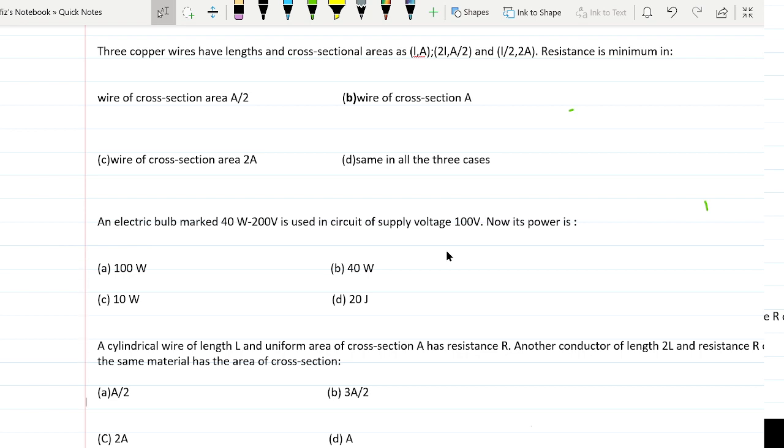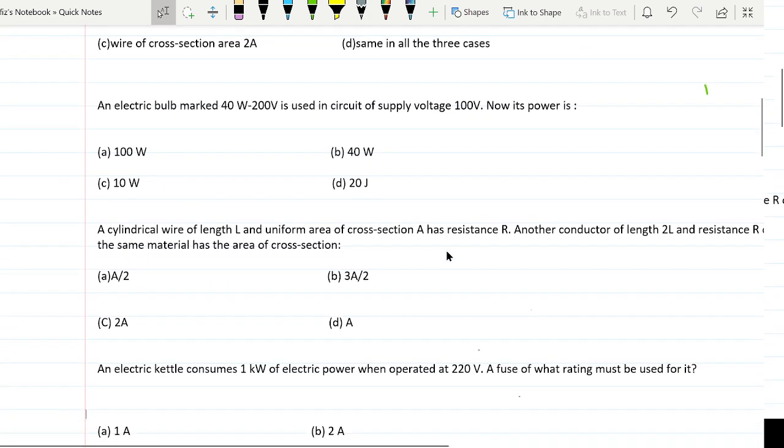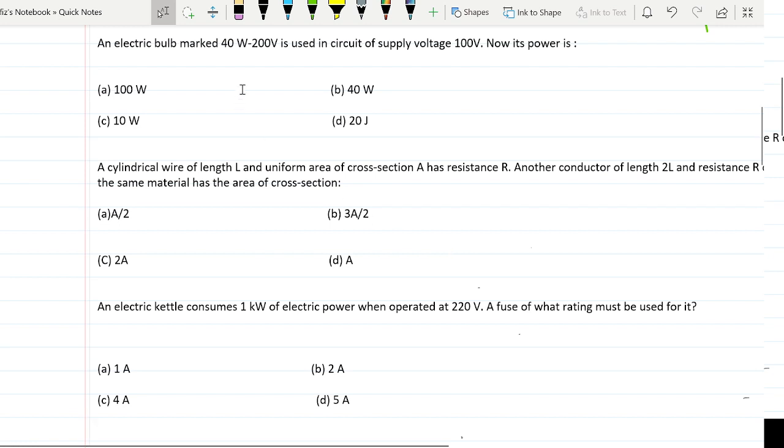An electric bulb has a rating given here, 40 watt and 200 volt. It is used in a circuit of supply voltage 100 volt. Now its power. Let me just explain the question first. There is a bulb with a rating of 40 watt and 200 volt, which means when this bulb is operated on 200 volt, it will consume the power of 40 watt.